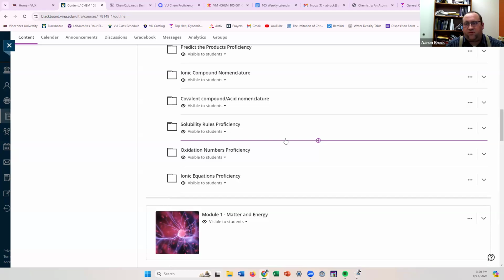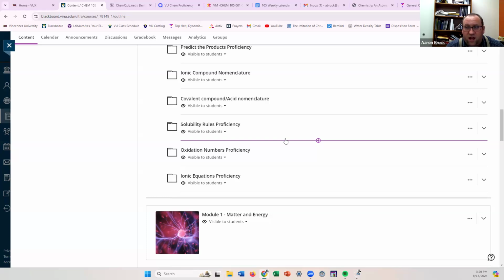So that's the proficiency system. And at least for the initial ones, you're going to be pretty okay if you had a decent background in your high school. If you were required by your teacher to memorize the elements and their symbols, memorize polyatomic ions, if you have a pretty good handle on how to do calculations with sig figs and balancing equations, that's the first 4 proficiencies right there.